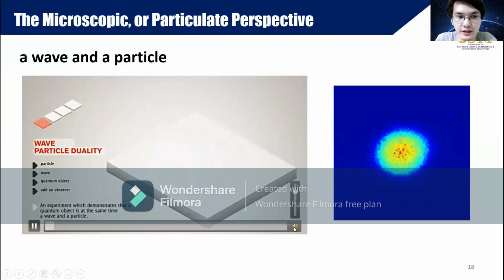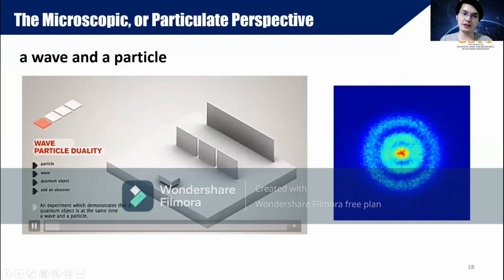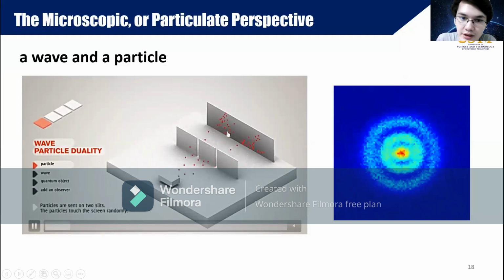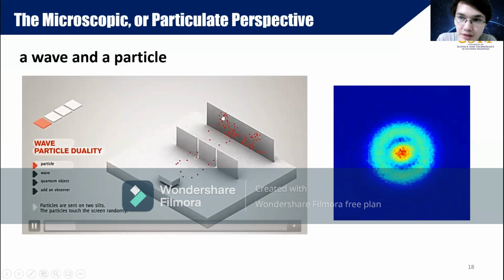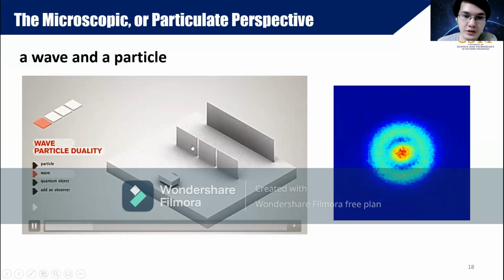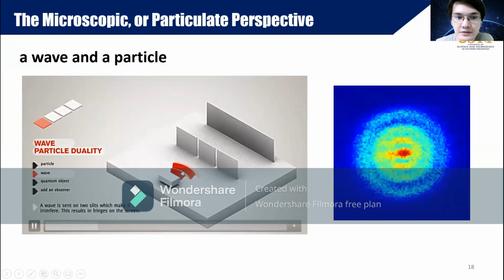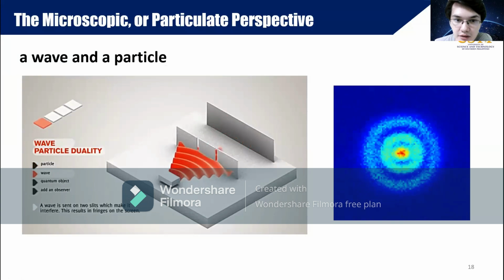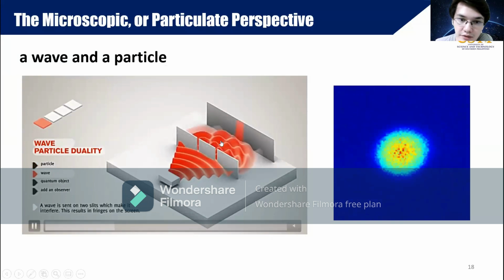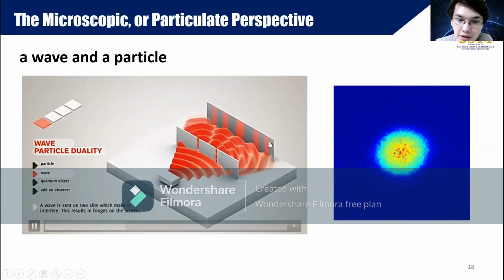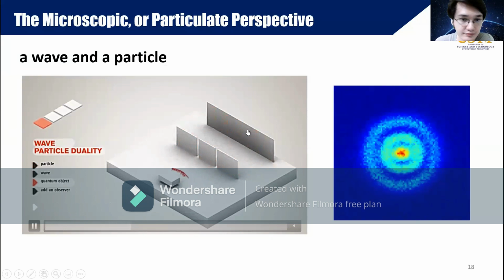As we can see, if it is only a particle, we will see imprints of the particles that are scattered. They are random. When it is only a wave interacting with an object, we will see this behavior, the interferences. So that is the behavior or imprints we see for a wave.